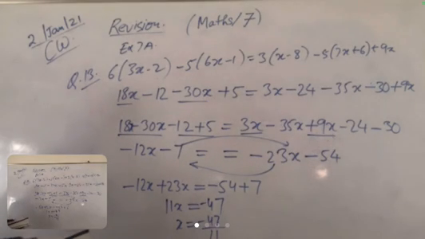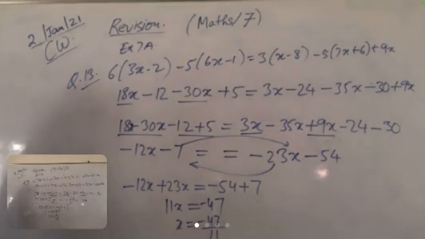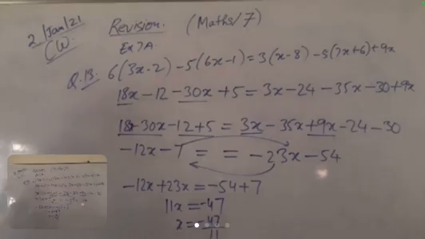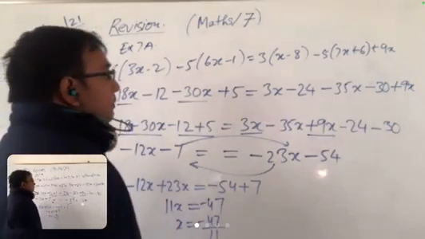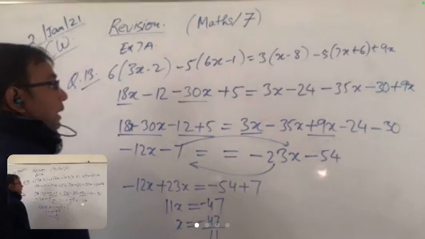7A, what is the question number? Question number is 13. The answer is minus 1, so the answer is not right. So now check. 3x minus 30.